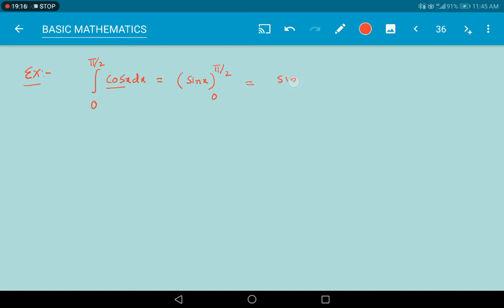Substitute sin pi by 2 minus sin 0. Where x is there, in that place only we are substituting that value. Sin pi by 2 is 1, 1 minus 0, so that value will be 1. What is the meaning of that? The value of the cos x function from 0 to pi by 2 is 1 within the limits. Right, let us take one more example.